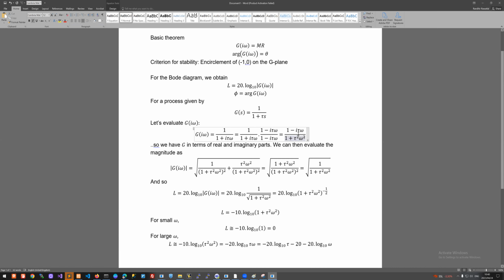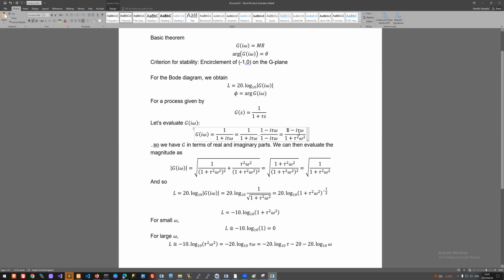And if you think about this line, you've got a real number in the denominator, and then a fixed number here. As omega increases, this will overall decrease. And here, as omega increases, this will also overall decrease.